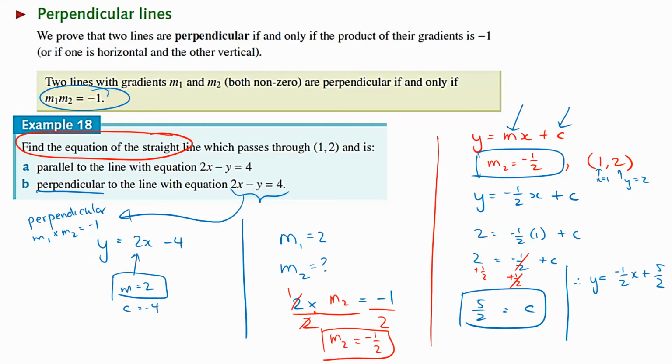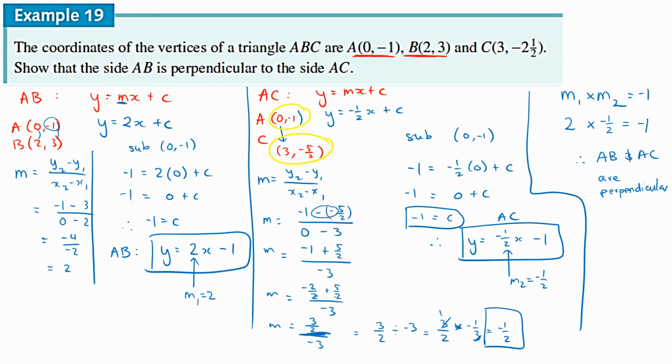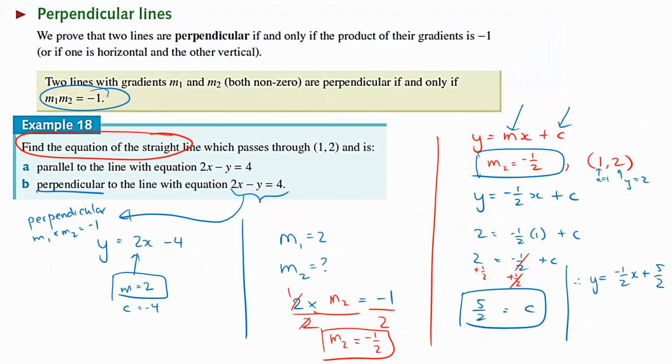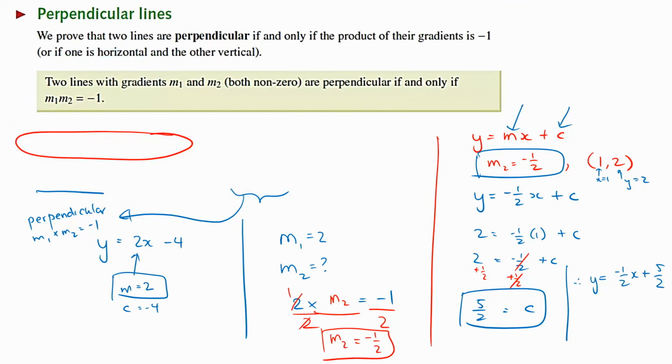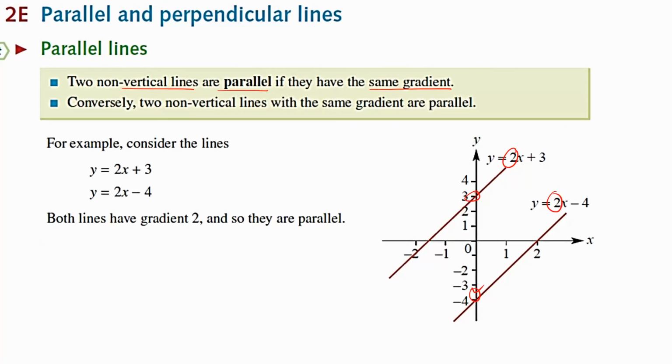So I'll just go back to that property. It's this one here, that's perpendicular. And parallel is this one here, same gradient. There's only two, and you're using all the skills you've learnt prior to this to solve the problem.